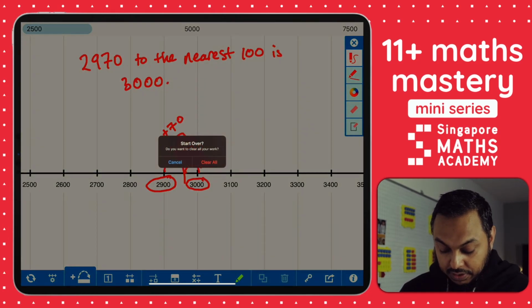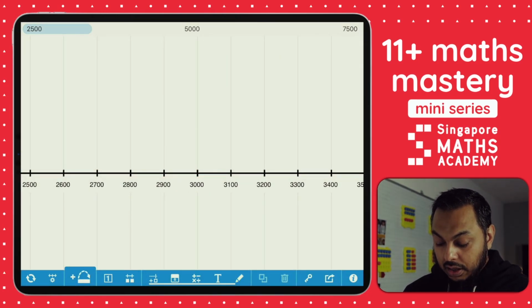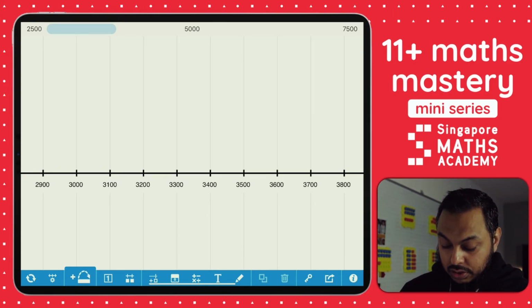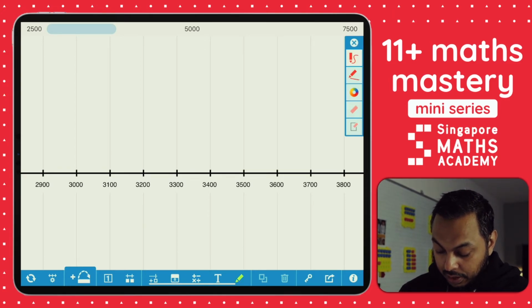Let's start again, a different question. Okay, we're going to use similar to the previous question. What happens if the number is right in the middle? Okay, so let's say 3,350. So we've got 3,350 here.